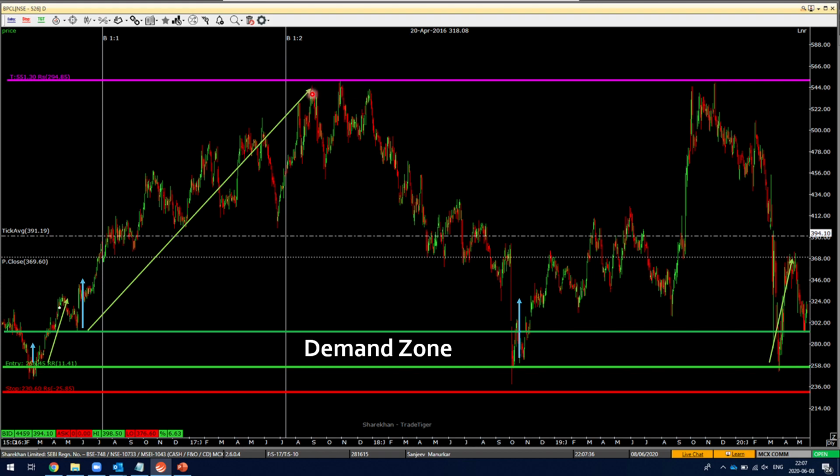Subsequently, the next time we see this particular stock in the demand zone is somewhere here, where you see that it has dipped consistently but not hitting the stop loss. But then again, from this point we see how the stock has gained consistently and it has gone up.